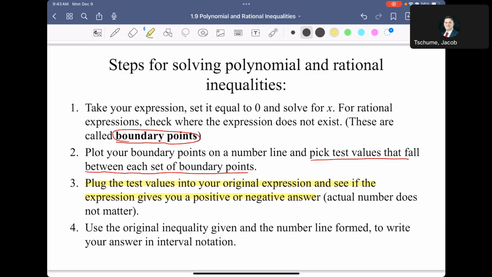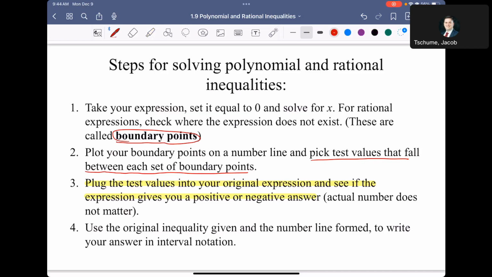For example, if you get -4 or -100, that does not matter to us in these problems. All we care about is that it's a negative number. So what I would recommend you do is just get your calculator out, plug your test value into the original expression, and just see whether your calculator gives you a positive or a negative result.